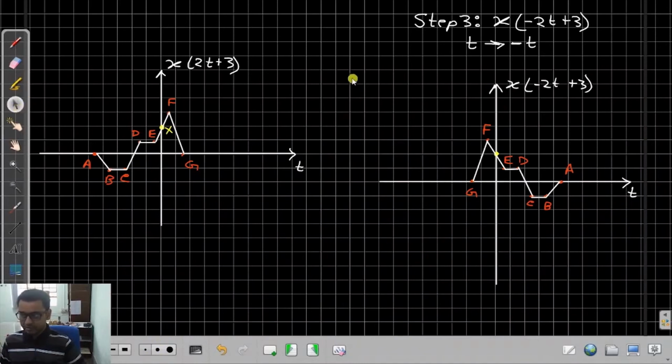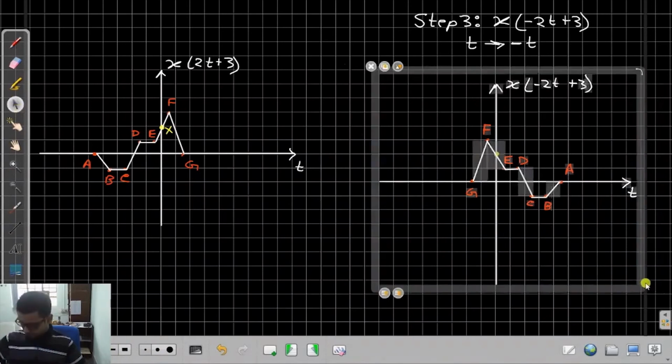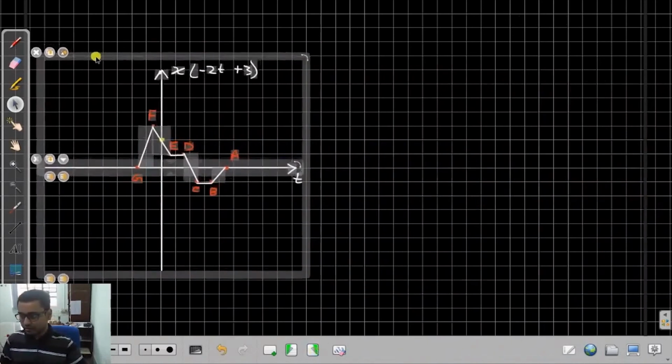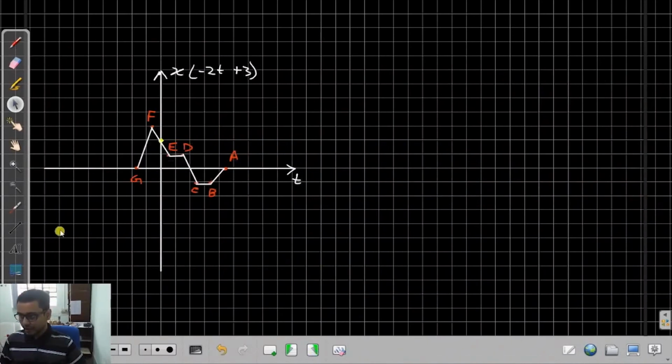So let me move to the next page and proceed to step 4, where we shall now find 2x of minus 2t plus 3.